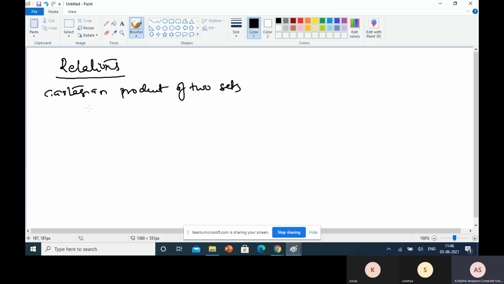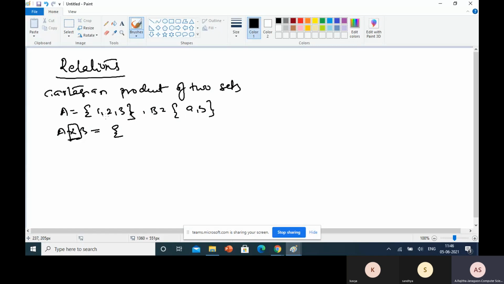Suppose A equals a set of elements 1, 2, 3, and B equals some set of elements a, b. Now you can define the Cartesian product. The cross symbol is used to represent the Cartesian product. This Cartesian product contains a relation from one set to the other set.